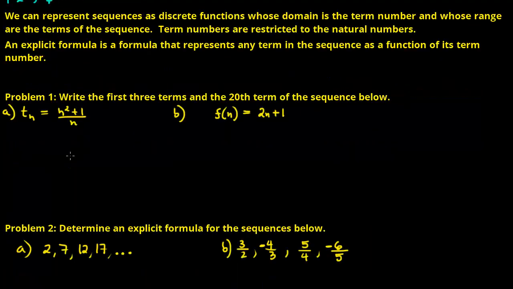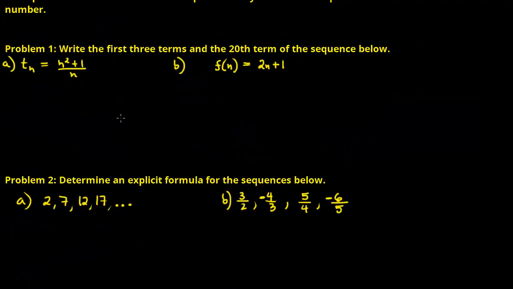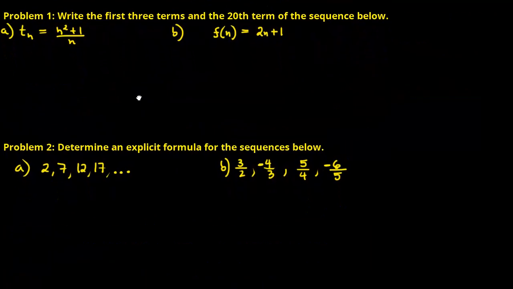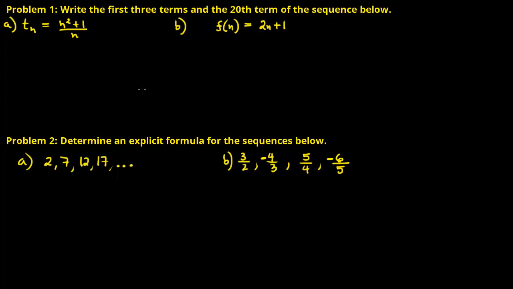Okay. So let's do a couple problems in relation to what we just discussed and the new definitions that we have. In the first problem, it says, write the first 3 terms and the 20th term of the sequence below. So here we have explicit formulas that represent the nth term in our sequence. We say that t sub n represents the nth term. So let's do some calculations.